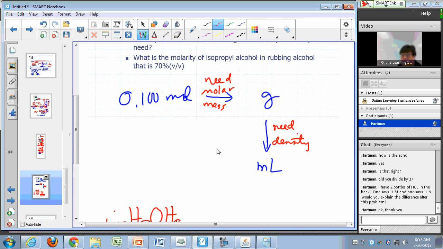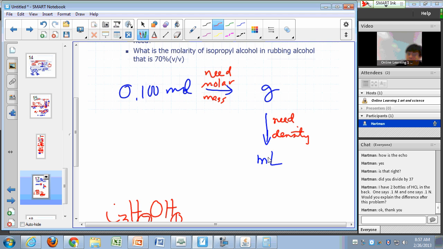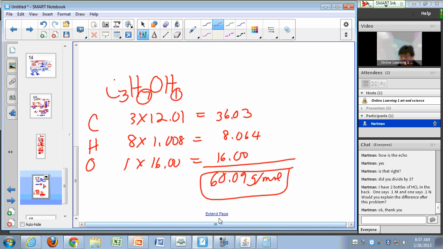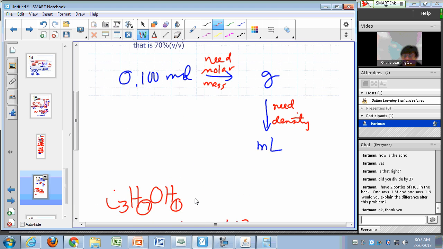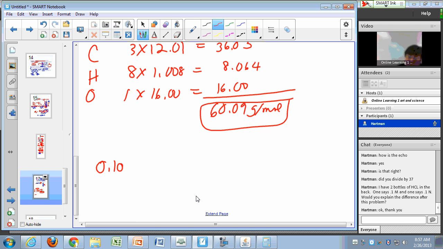So what do I do now? I change my 0.1 moles to grams. How many sig figs do I have there? 0.100 moles of your alcohol.